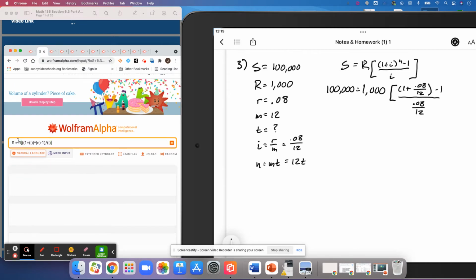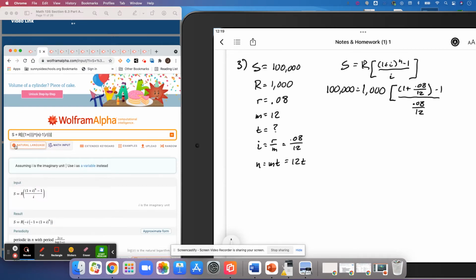So what I've got is I want the future value to be $100,000. Our payment going in is 1,000. I, in this case, is going to be a fraction, 0.08 over 12. N, I forgot the N on my thing here, N is 12T.